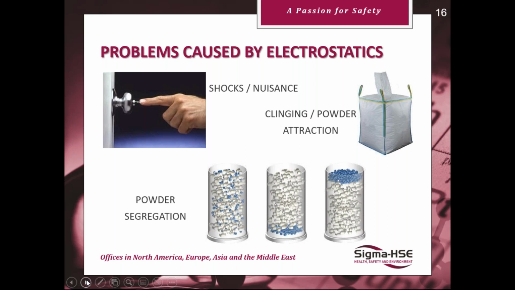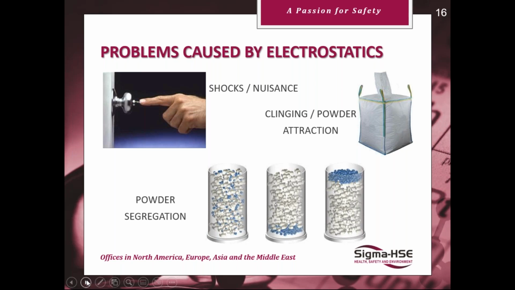Nuisance. You don't want to have to keep walking around getting electrostatic shocks. If you're in a shop and you're shopping and all the time you touch some conductor, you get a shock, you don't go in that shop very often. You get clinging powder attraction. So the powder sticks together, won't break up in lumps, which makes it very difficult to pour.